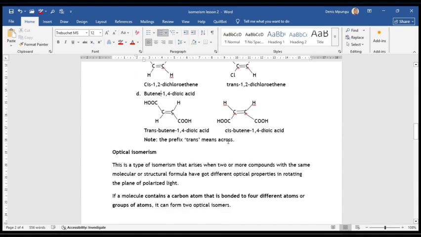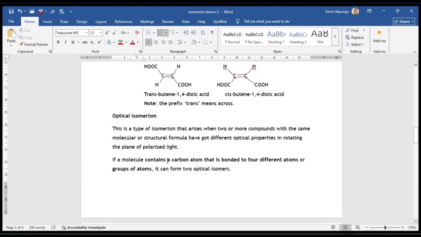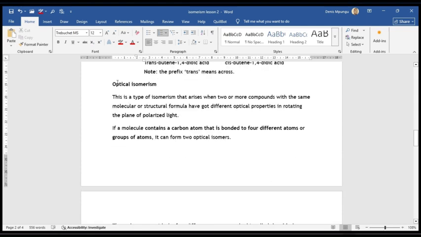Then when you go to optical isomerism, this kind of isomerism is specifically talking about how these molecules with the same structural formula or molecular formula have difference in how they rotate plane polarized light.